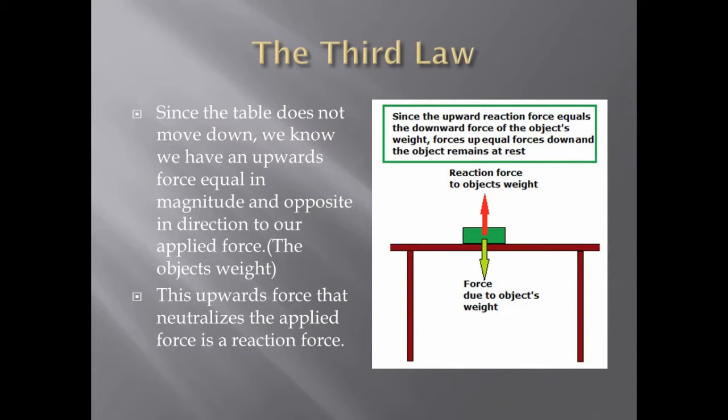Since the table does not move downwards, we know we have an upwards force equal in magnitude and opposite in direction to our applied force. The upwards force that neutralizes the applied force, or the weight of the object, is a reaction force.